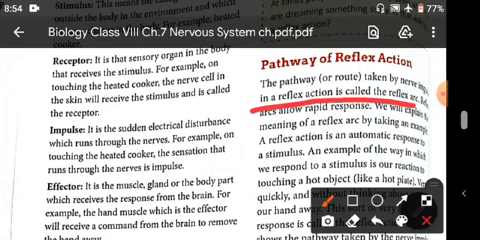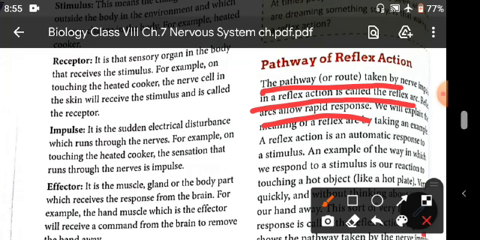So that is the reflex arc. The pathway taken by the nerve impulse in a reflex action is called the reflex arc. Now this reflex arc allows rapid response.